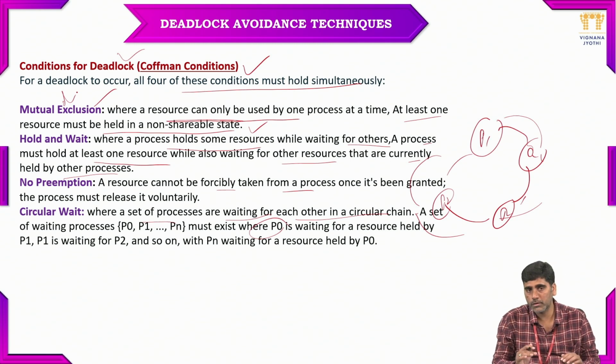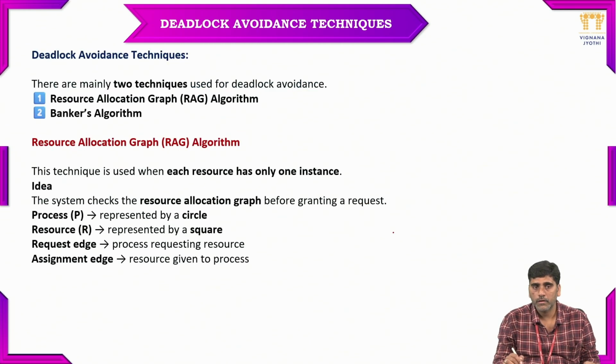Those are the preventive conditions: no mutual exclusion, no hold and wait, preemption, and no circular wait. If we say no to all these conditions, then we can prevent the deadlock situation. Also we can write eliminate mutual exclusion, eliminate hold and wait, eliminate no preemption, eliminate circular wait. If we eliminate these, we can prevent the deadlock situation.